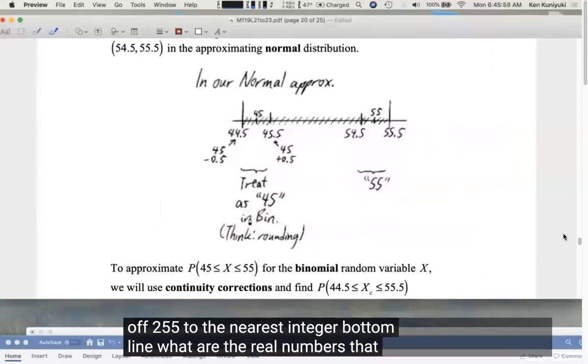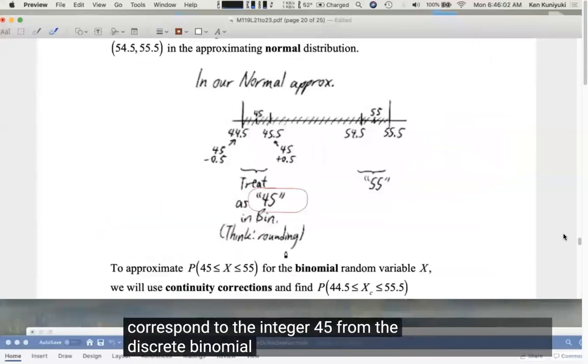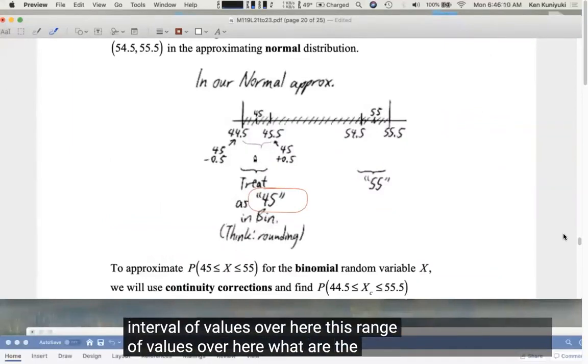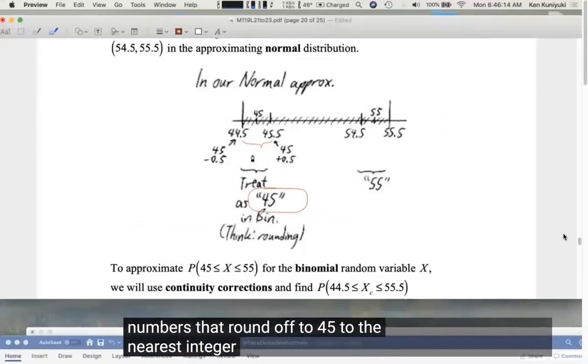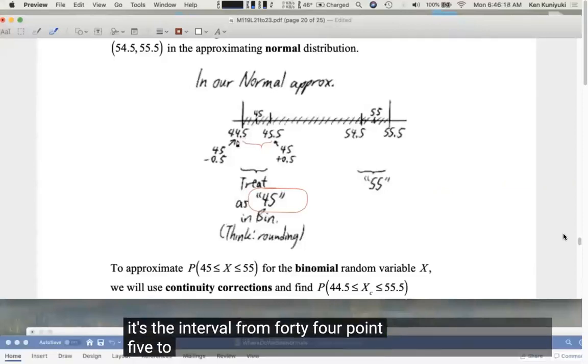What are the real numbers that correspond to the integer 45 from the discrete binomial distribution? It's this interval of values over here. What are the real numbers that round off to 45 to the nearest integer? It's the interval from 44.5 to 45.5.